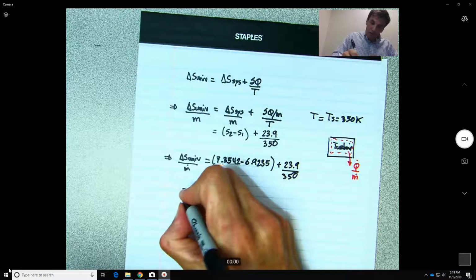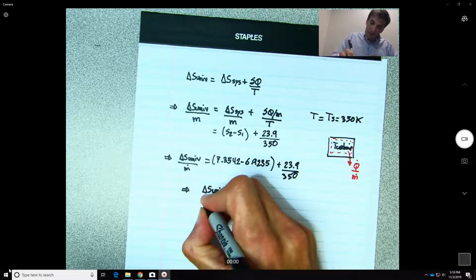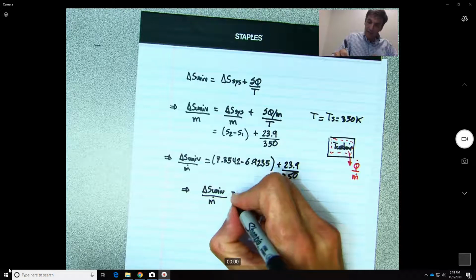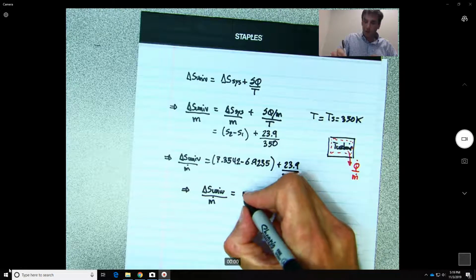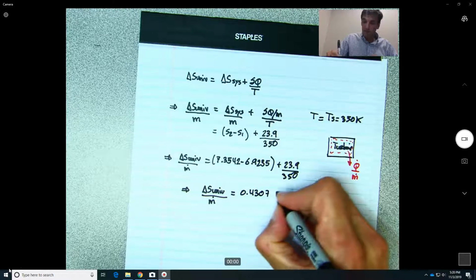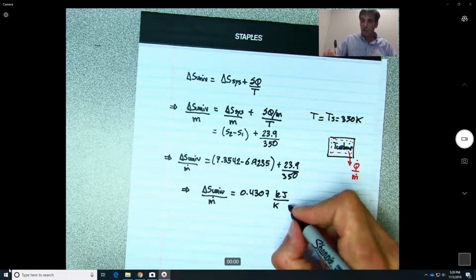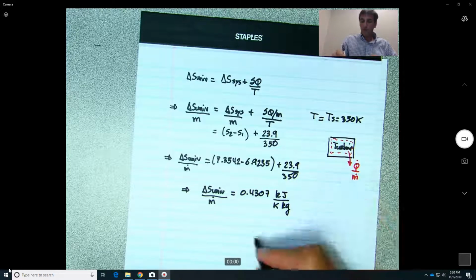And if we do the calculation, this is going to give us that the change of entropy is equal to 0.4307 kilojoules per Kelvin per kilogram.